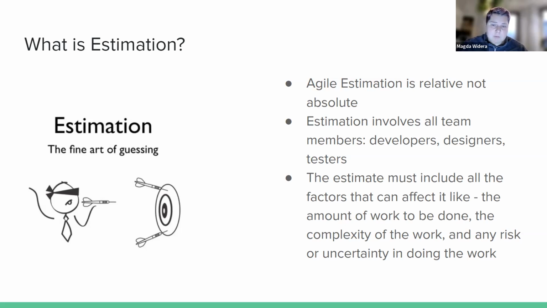And when you estimate, you have to take a lot of factors into account. These are factors like how much work needs to be done, the complexity of it, as well as any risks of uncertainty that might come with doing this work. So you might look at the ticket and think, well, that's going to be easy. It's going to take me no time to do it.